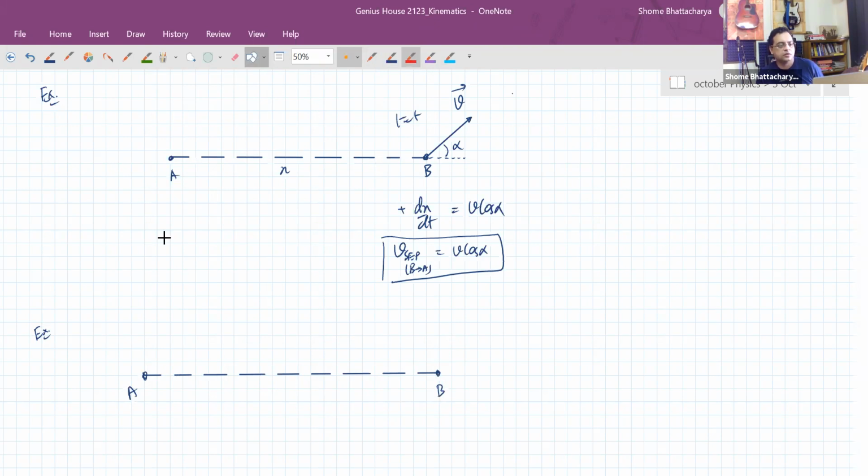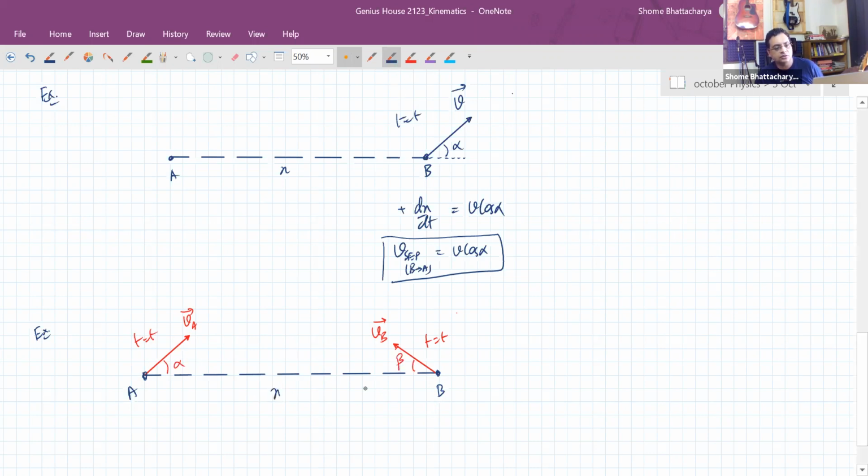So suppose A has a velocity in some random direction like this, and B has a velocity in some random direction like this. They could have been diverging also, but I've just taken a situation where they are both converging. This is the instantaneous velocity of A and B at some time t, and the angle that this velocity makes with the x-axis, or the line AB, is alpha, and the angle that this one is making is beta.